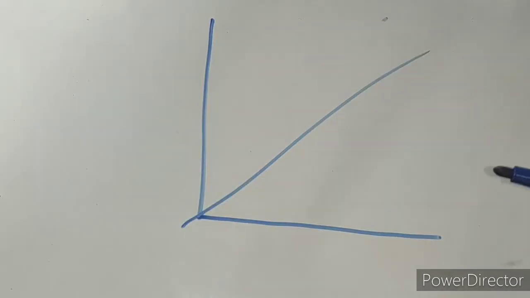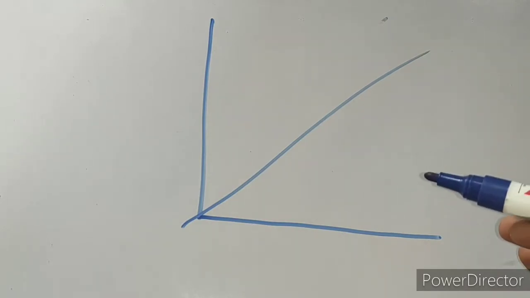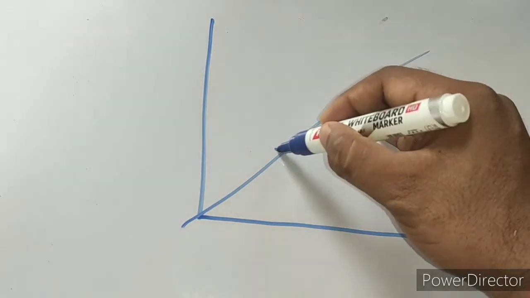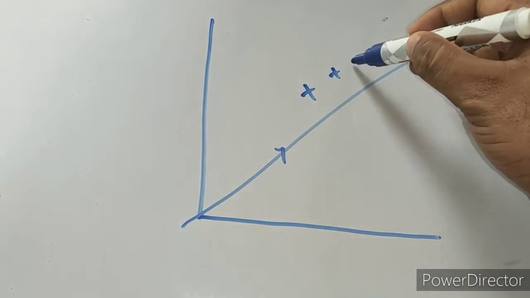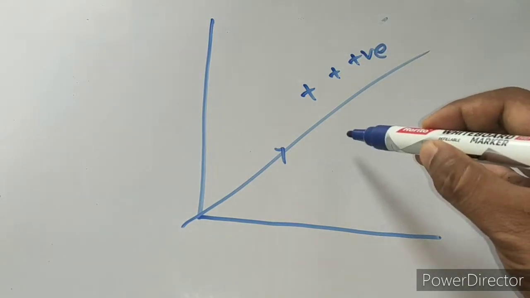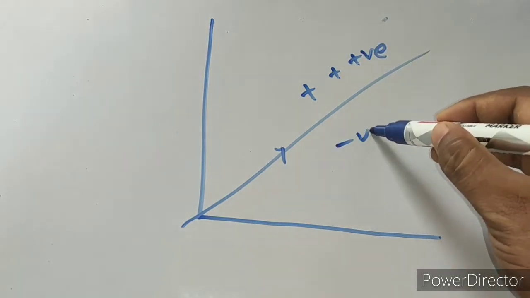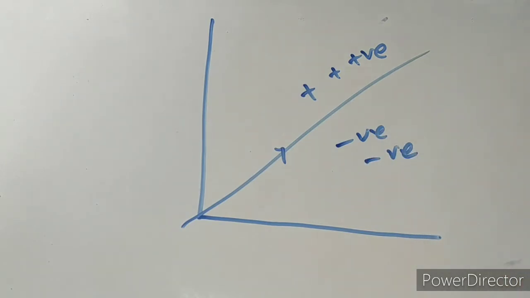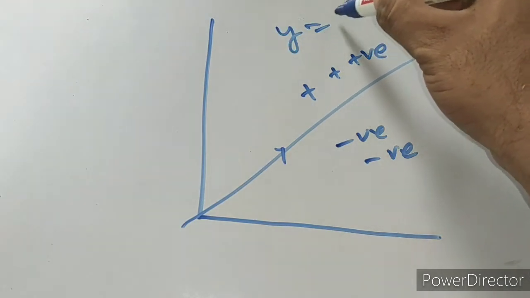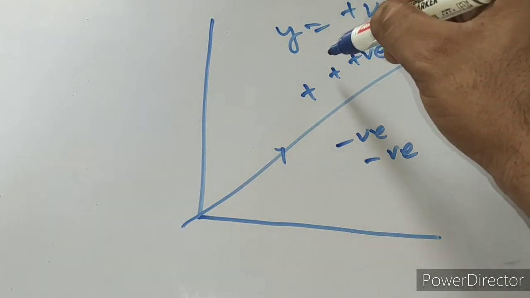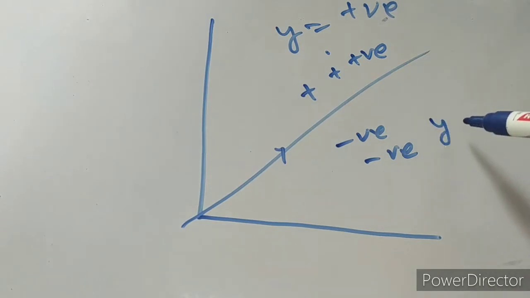Let me make it clear. The values which are present on the upside of the ascending line, the line is increasing here. If the data points are present on this side, these are positive values. If the data points are present here, these are negative values. So y is positive if it is present here, and y is negative if it is present here.